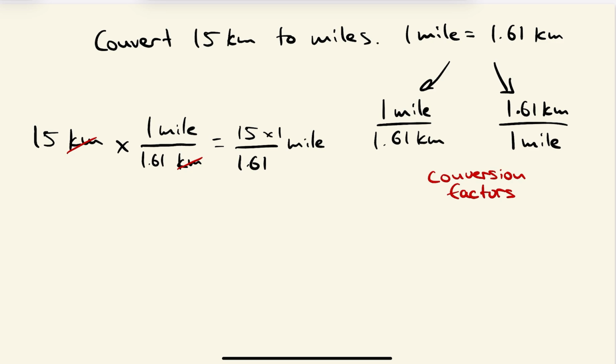So we will do 15 times 1 divided by 1.61, which will give us an answer of approximately 9.32, rounded to 2 decimal places.